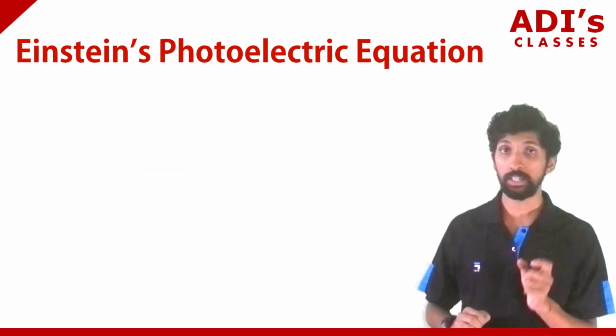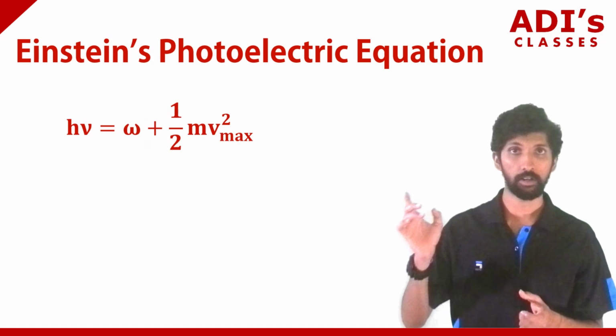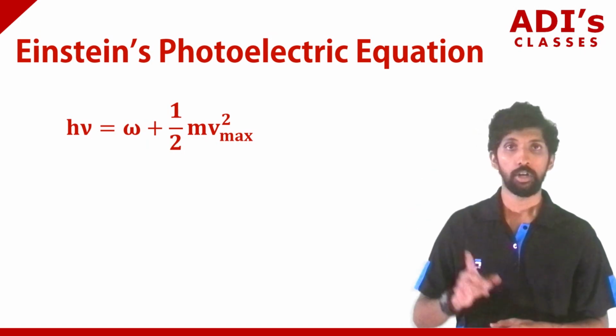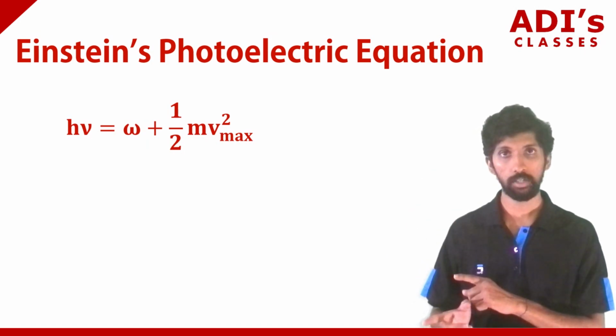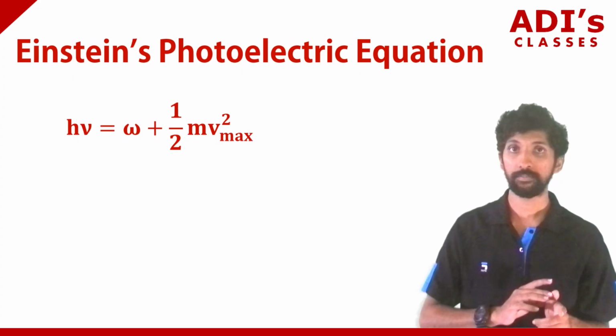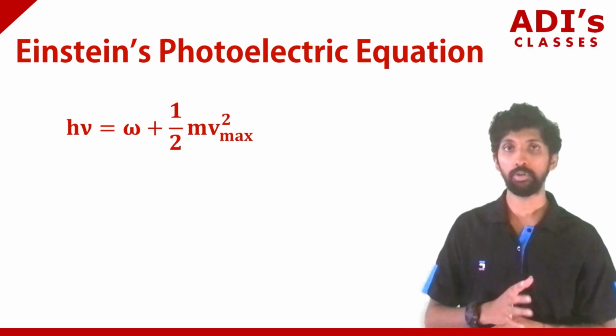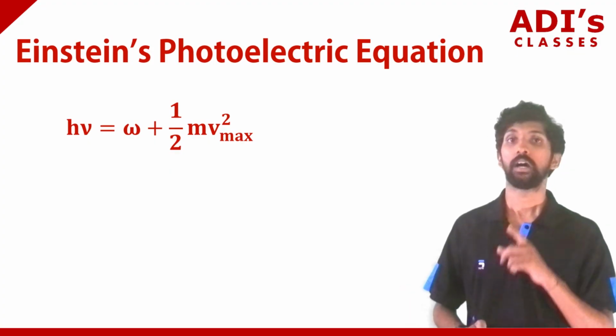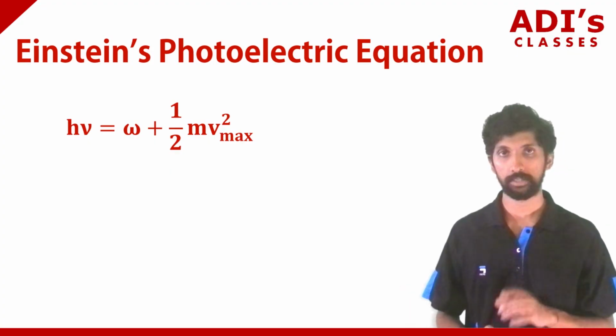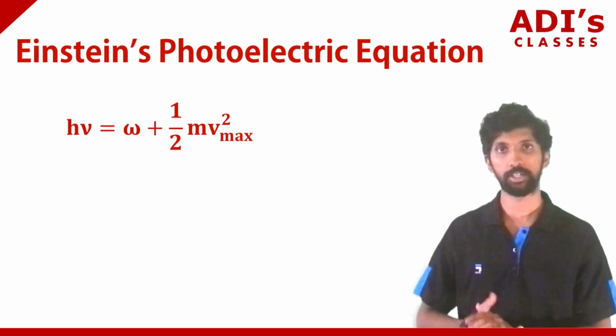That means the energy of the photon, which is equal to h nu, should be equal to the work function plus the kinetic energy, right? So, we have h nu is equal to omega plus half m v square max, the maximum kinetic energy.